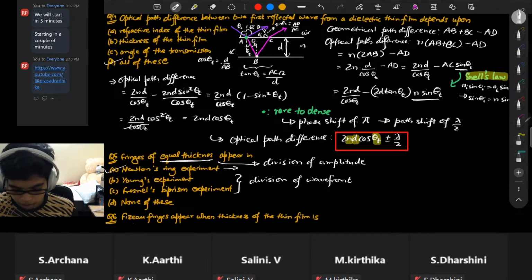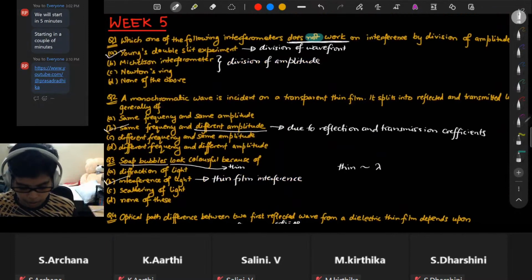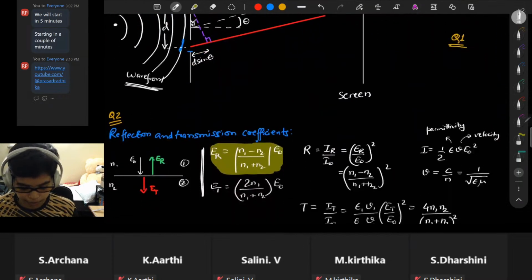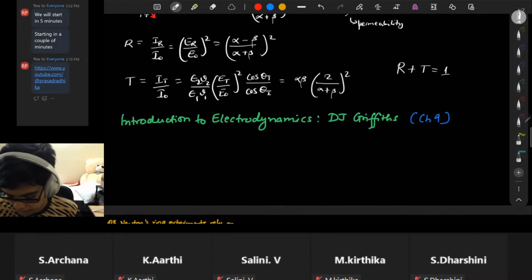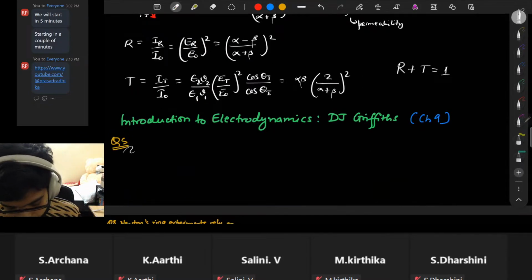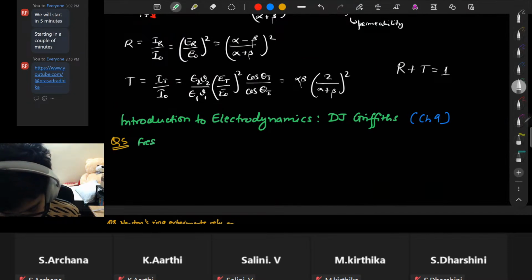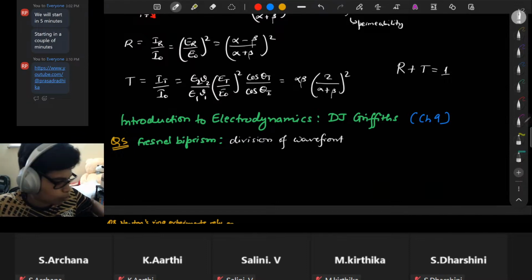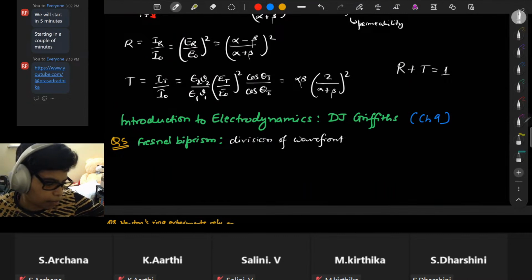So we just saw the case for Young's double slit experiment, how it is division of wavefront. The Fresnel's biprism is also division of wavefront. So what happens in Fresnel's biprism? Let me draw it for you.